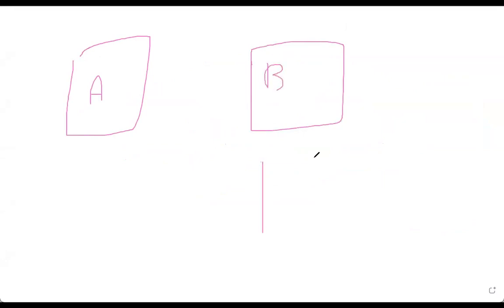When you have a class, let's say this is your class A, and then you have a class B and a class C, and there is an inheritance relationship between these. That means B and C are inheriting from A. That means B extends A and C extends A, right?